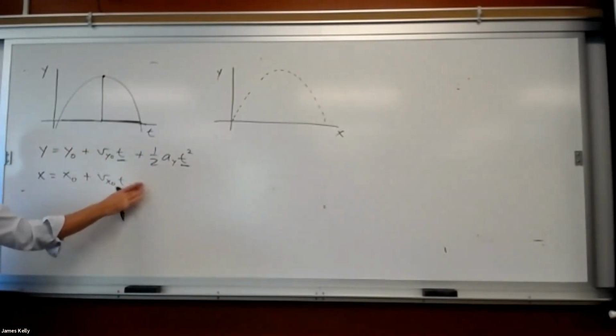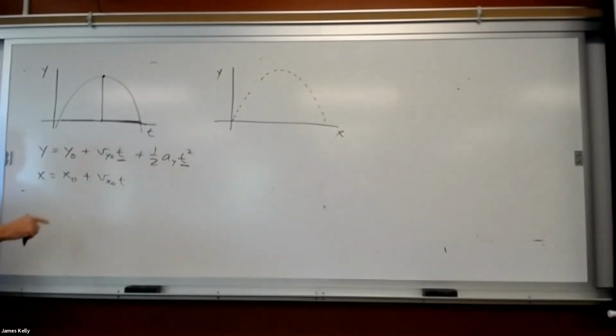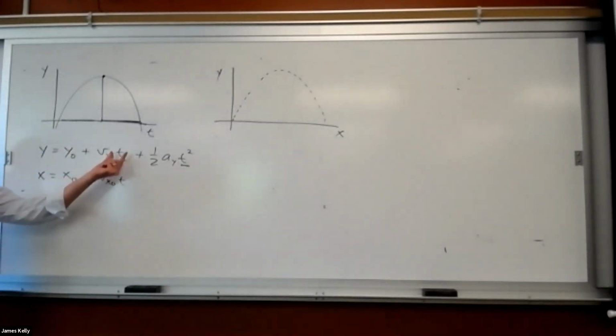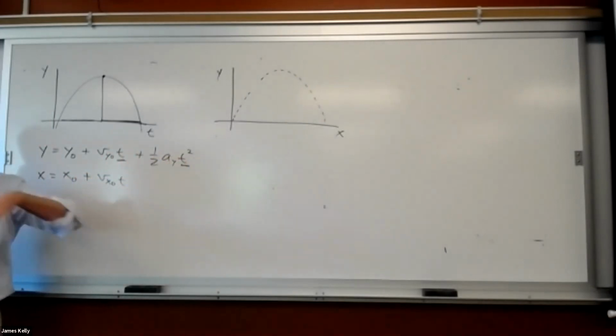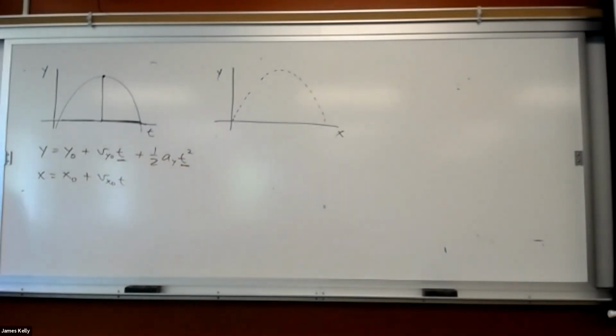So if you really wanted to justify that that's a perfect parabola, solve for t here. X is a linear function of t. If I solve for t, trust me, t will be a linear function of x. And if I substitute that in for t here and here, and square the whole thing out, when the smoke clears, you'll find that y is a quadratic function of x as well. So this is a perfect parabola.